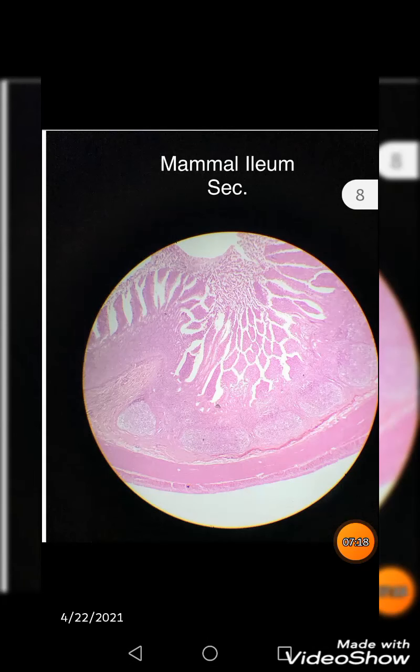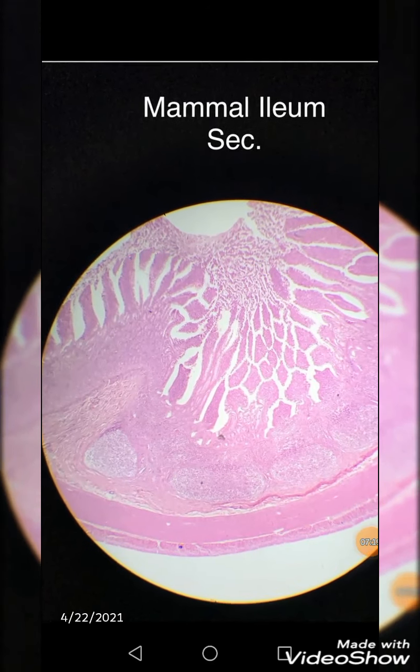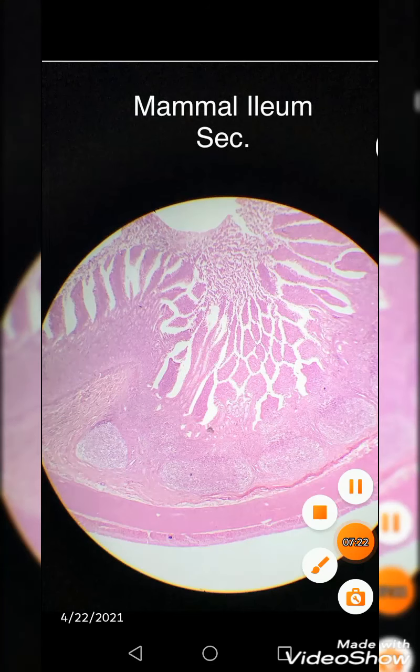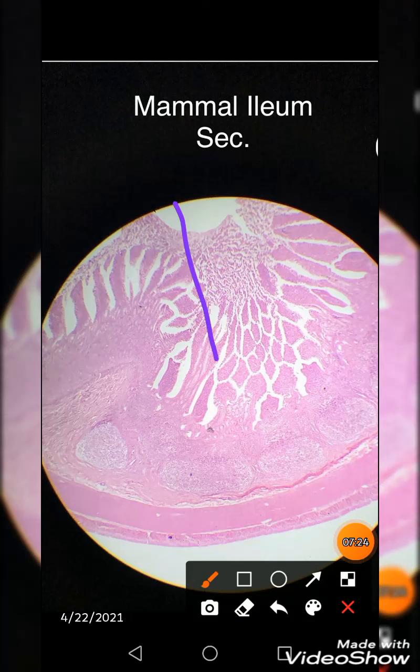Now here is the slide of the ileum. If you talk about the gross appearance of the ileum, the whole small intestine has two borders. One is mesenteric, the other is anti-mesenteric.